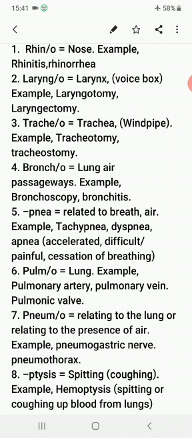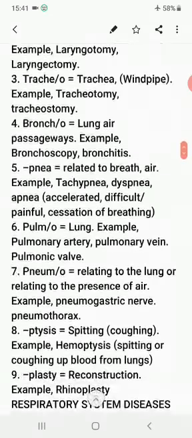And we have pulmonary vein, blood vessels that bring oxygenated blood to the heart from the lungs. And we have pulmonic valve.